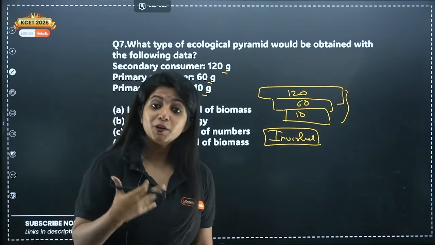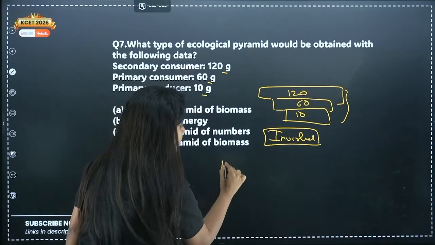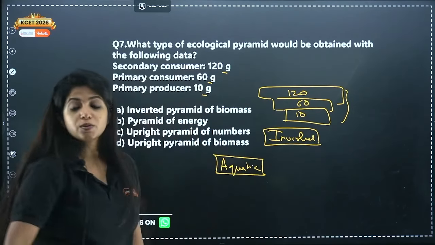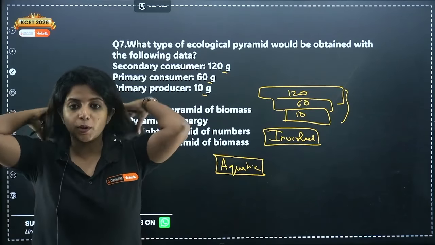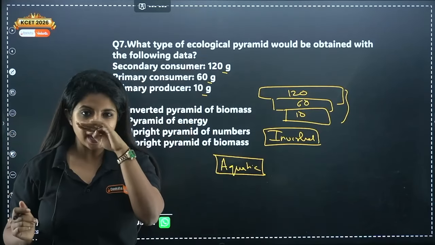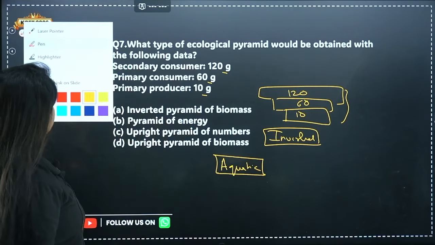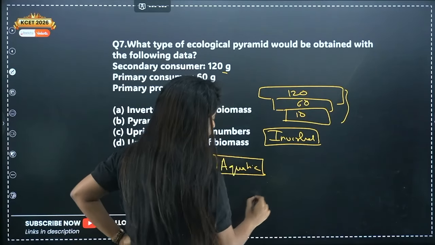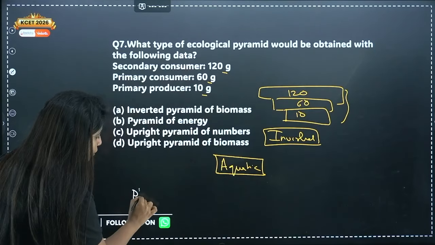And you know what? An inverted pyramid of biomass is actually seen in the case of aquatic ecosystems. How does it work? Do you know that? Listen to me carefully. In an aquatic ecosystem, my dear children, you have phytoplankton as the producers.